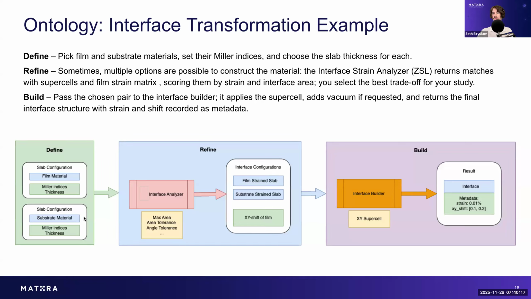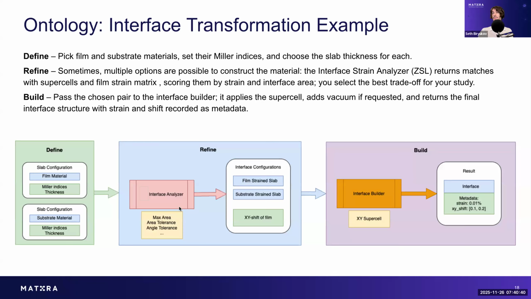You don't know the supercell for the matching, so that's why you need a refine step. So we would define two slab configurations with each respective bulks and Miller indices and thickness. Then we would use some analyzer, some interface strain analyzer. For example, we heavily use the ZSL Zur-McGill lattice analyzer.